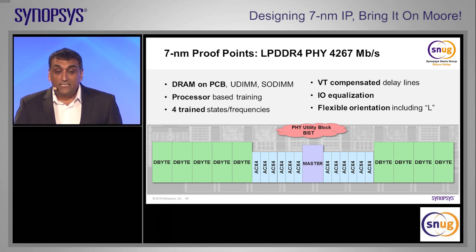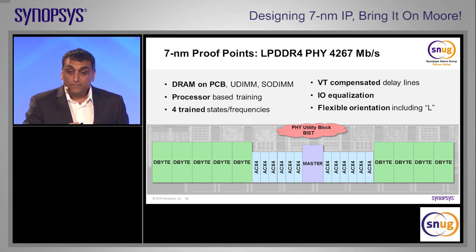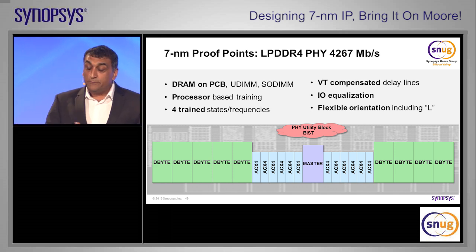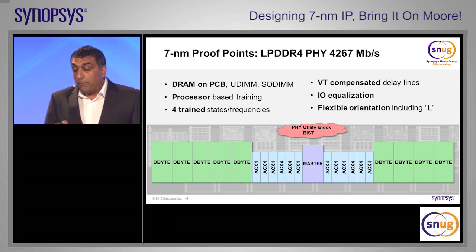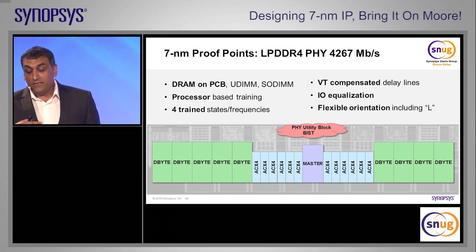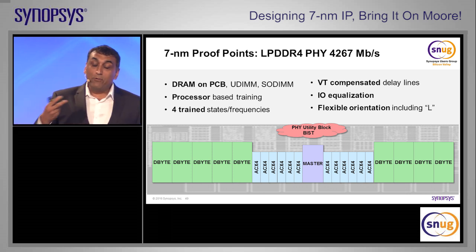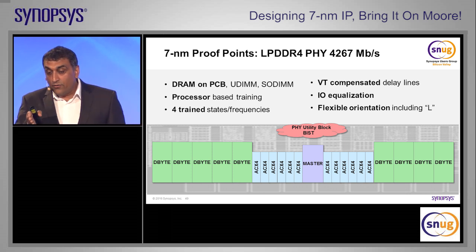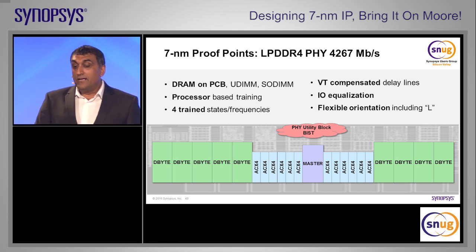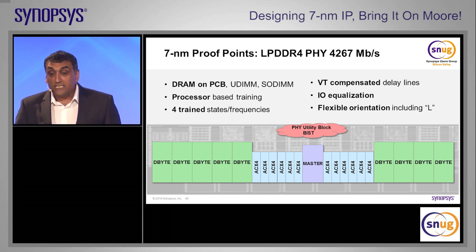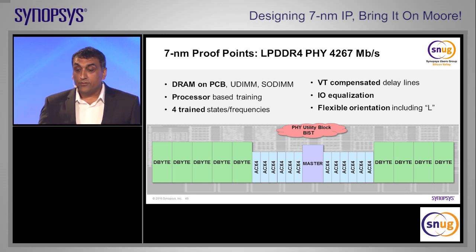There are a number of states that are available which optimize the frequency and the power. It has VT compensation. It has I/O equalization, and this particular architecture you can place on the east-west part of the die or the north-south part of the die. So remember what I said about 7 nanometers having orientation restrictions? This particular design gets around that by the way we've orchestrated the architecture.